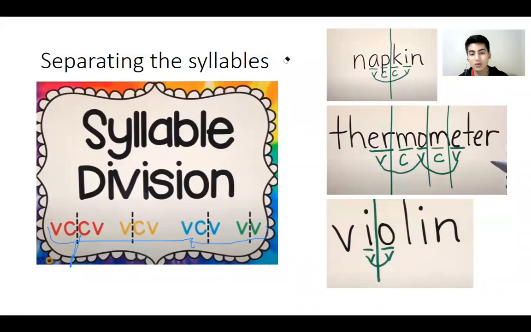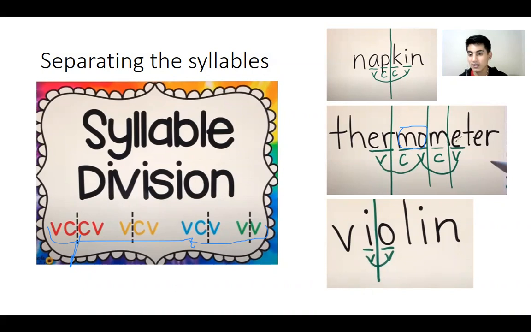Then we have this one. We don't know if we can separate the mo or should it be the mom, because we have the one-syllable word, mom, right? So what should we do? Well, we should try and see which fits better. So if you try to separate the mo, right, you have a peak there, and you also have an onset, so mo.